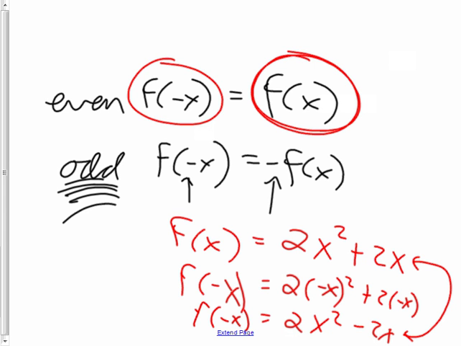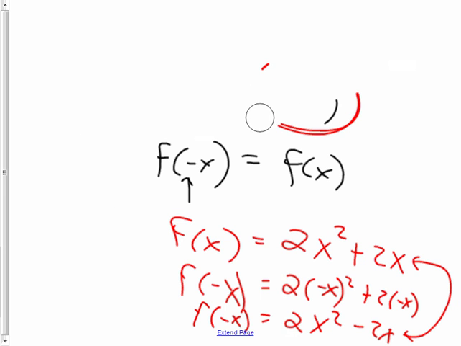No. We got to do the odd test. I'm sorry, what I have written above it here is the odd test. I was testing for evenness, sorry. The black one here is the even rule. So, did f of negative x come out to f of x? No, it did not. That was what I was testing first.